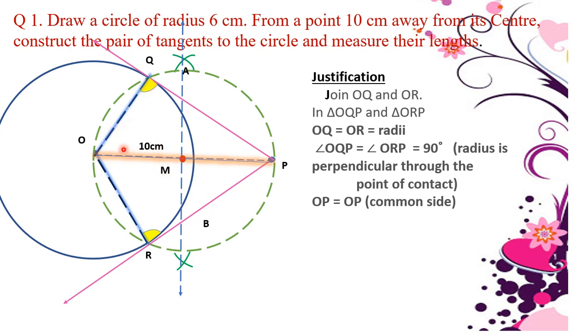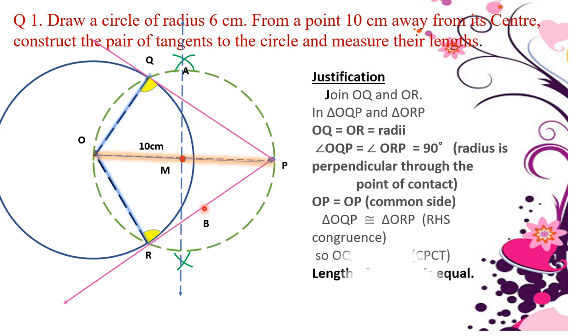So we can say by the RHS congruence condition, triangle OQP and triangle ORP are congruent triangles. Now the triangles are congruent, so their corresponding parts are also equal, that is, PQ equals PR. That means the length of the tangent PQ is equal to the length of the tangent PR. So we have justified that the lengths of the tangents are equal in our construction.